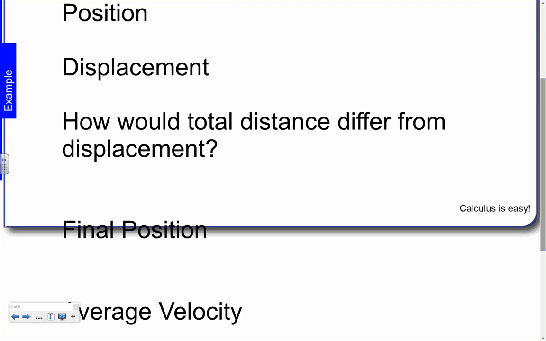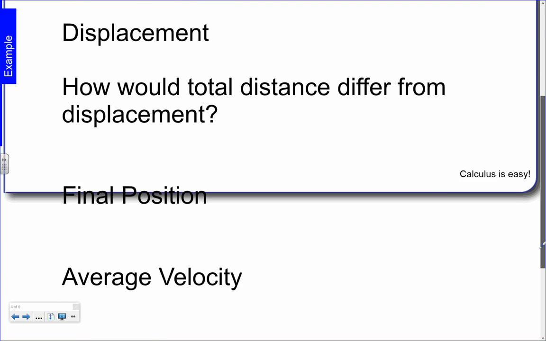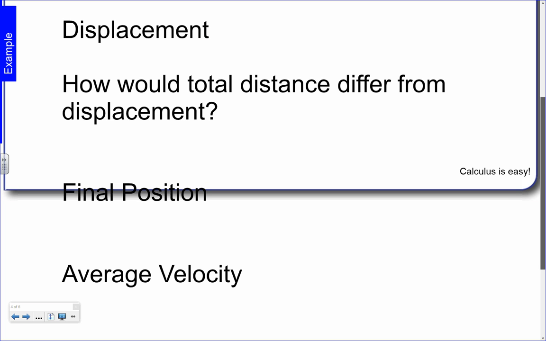Rest of this here, we've got how does final position relate to displacement? Final position would be equal to, if you think of displacement as final position minus initial position, then final position would just be, moving this over here, doing a little algebra, initial position plus displacement.